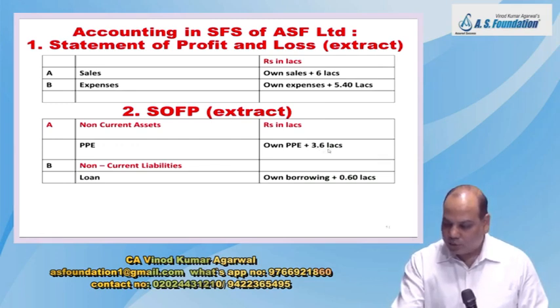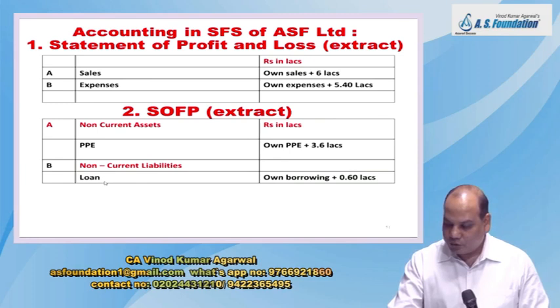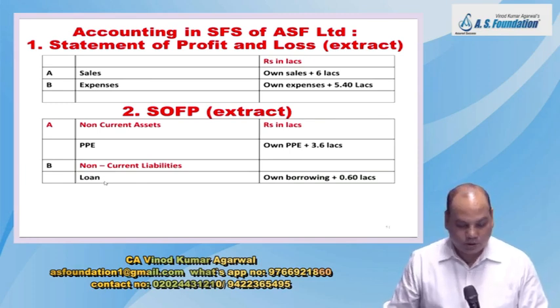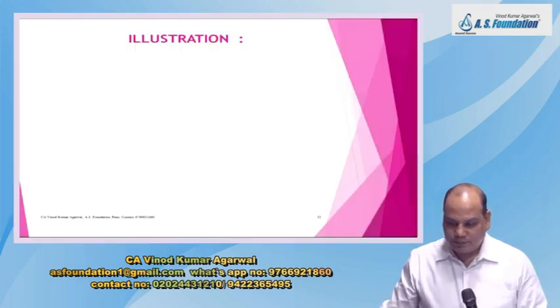Whatever assets we own ourselves will come, plus our share in the asset, 3.60 lakh. And point B, non-current liability, where there is a loan printed in the question, loan taken for machinery. So we will record whatever borrowing we had, and then 60% of 1 lakh, that is 0.60 lakh. Is it right? Written. Next paragraph.